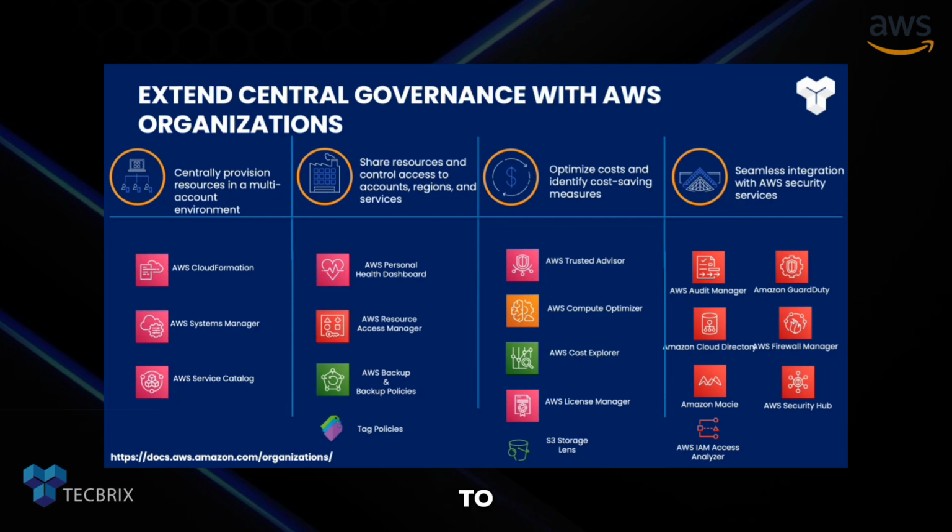Also, if you want to seamlessly integrate security services, there are many AWS security services which can help you. For example, GuardDuty to make sure it is detecting any anomaly within your AWS account.